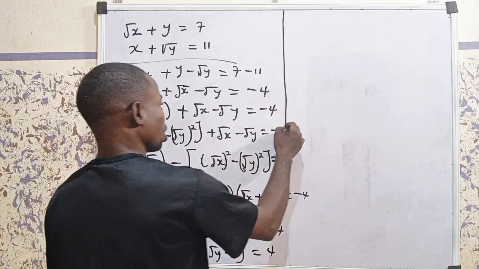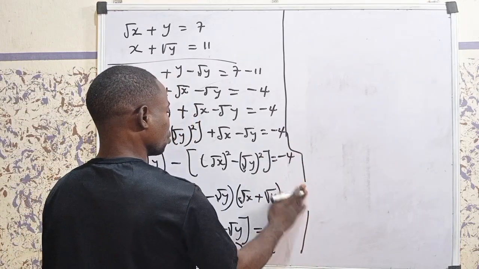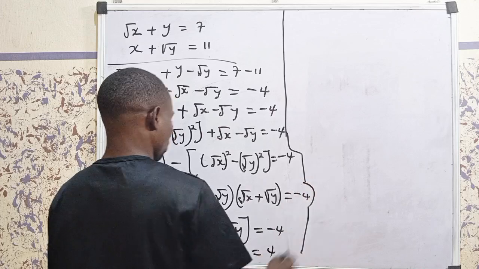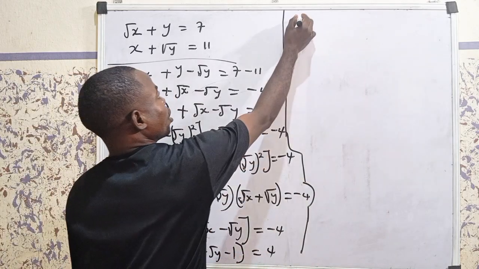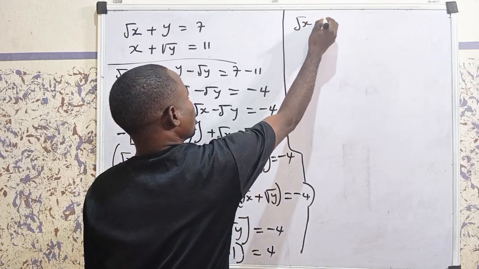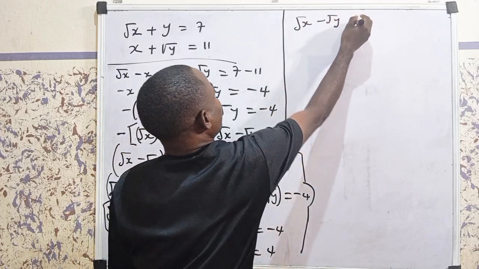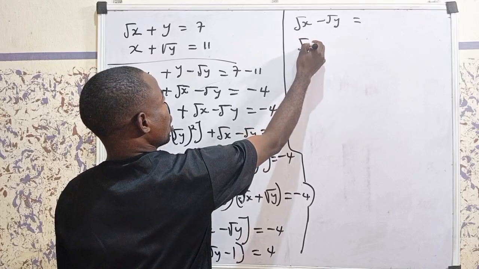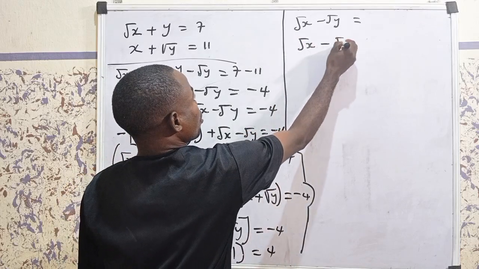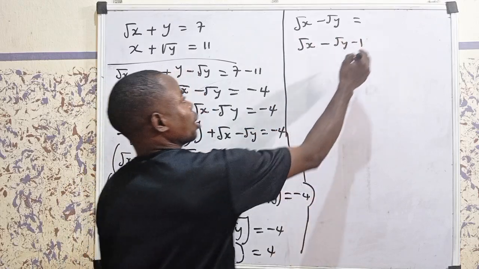Okay, so you can see here that I have the product of two terms, which is equal to 4. So the two terms I'm having is root x minus root y, and then the second term is root x minus root y minus 1.